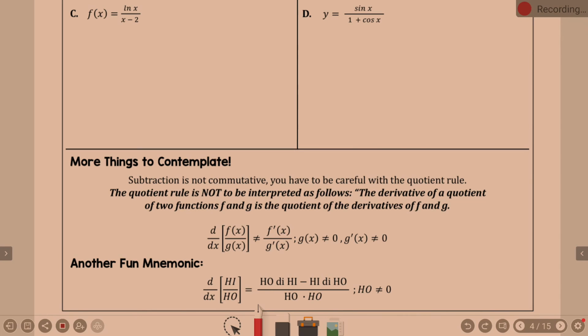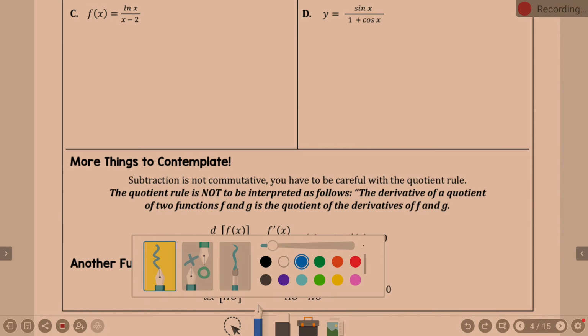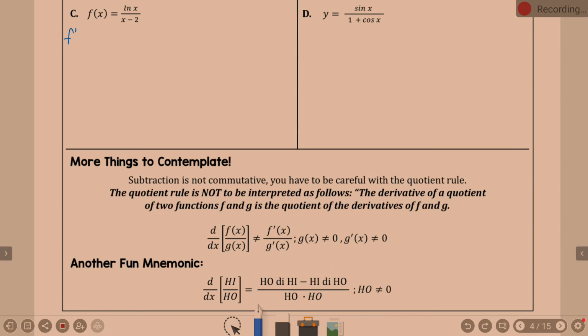Okay, C. Tell me what I'm doing. Okay. Derivative of ln x is 1 over x. Then what?